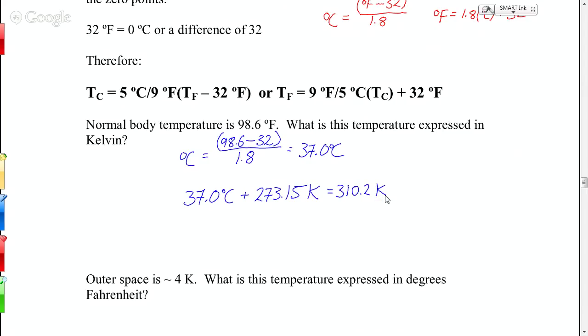Because remember, for addition, we line them up and we use the smallest decimal place, and that 0.0 means we're going to keep the tenths place in our final answer. So we're going to end up with 310.15, and then since we cut off at the tenths place right here, we're going to cut that 5 off and round to 310.2.